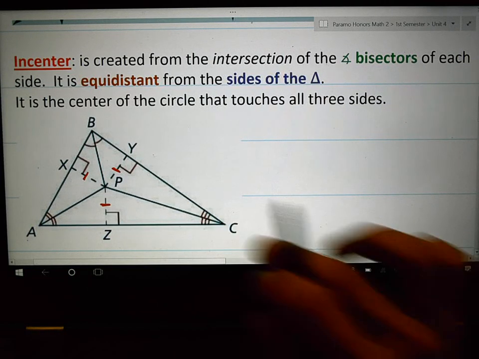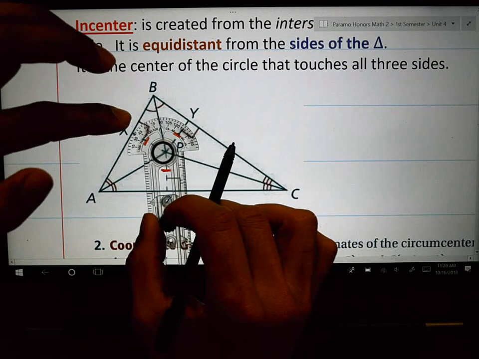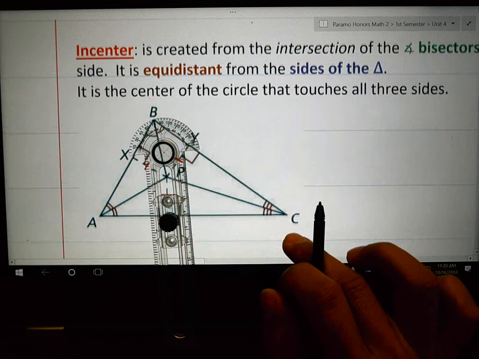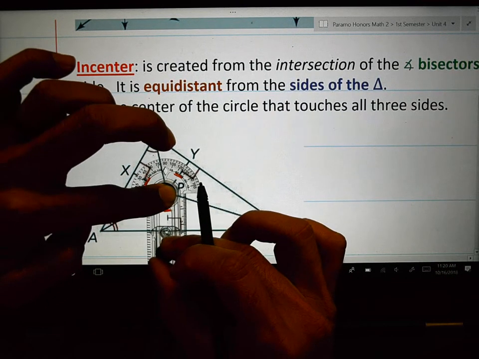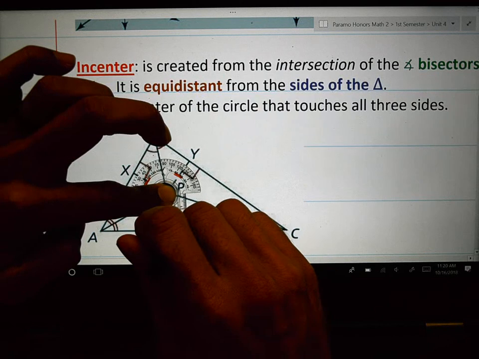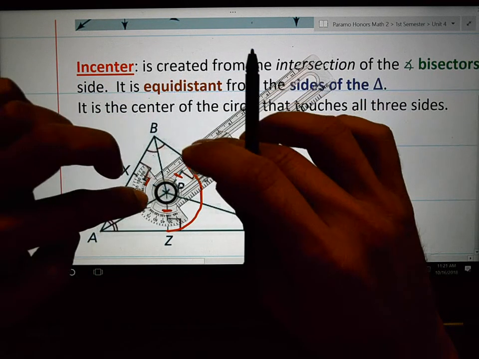Well, what does that mean? That means that if I have a circle, this circle is actually going to go around the inside of the triangle. Let's see if it works. That just totally moved on me. Let me try that again.